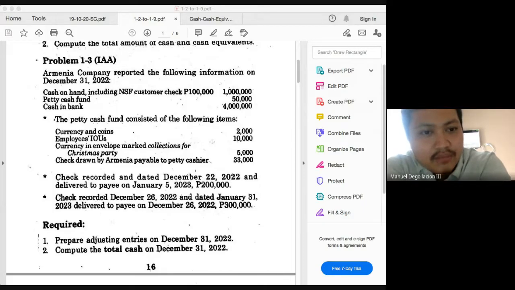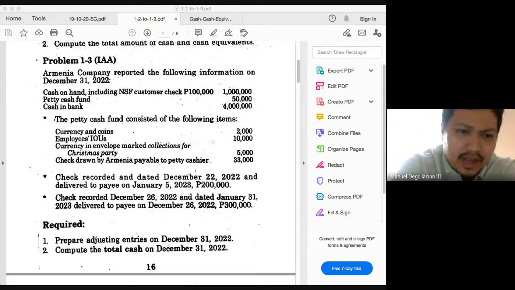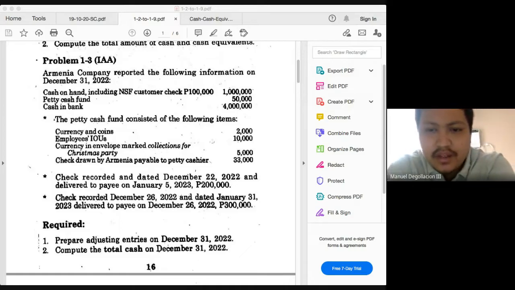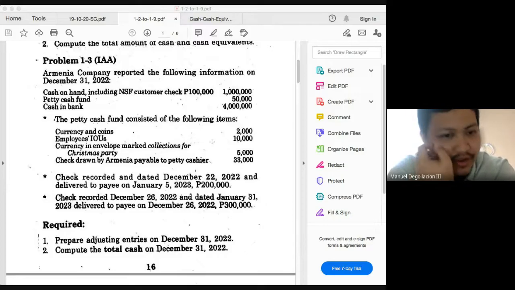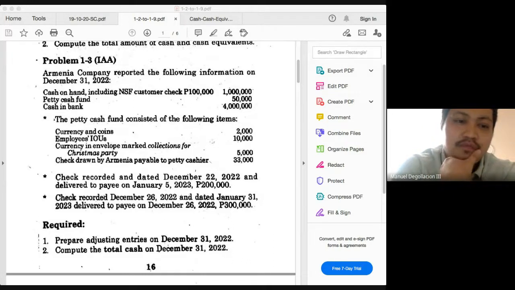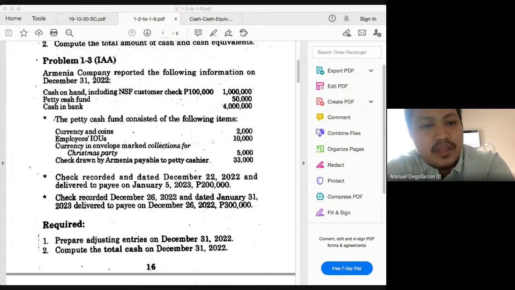By the way, a new takeaway from this problem would be the treatment for checks that are drawn payable to the petty cash custodian or the petty cashier. Important theory here, since this would be the case for most problems. If you encounter information that tells you of a check that is being paid to the petty cash custodian or the petty cashier, then that would actually represent replenishment to the fund, class.